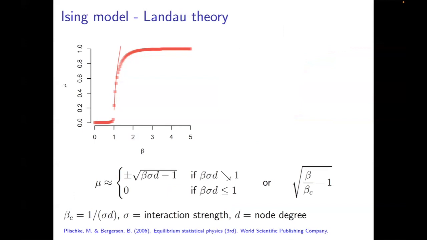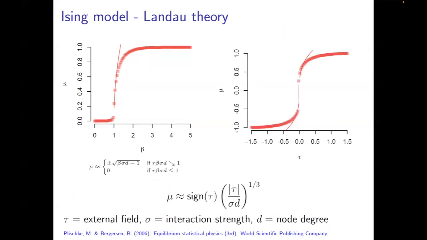This is the usual way of writing it in terms of the inverse temperature and the critical temperature, the interaction strength times the degree of each node. This tells you a lot about what can happen in terms of the temperature. And you can also look at this in terms of the external field. If you change the external field, in what way will it change the magnetization? And that's relevant for the Ising model.